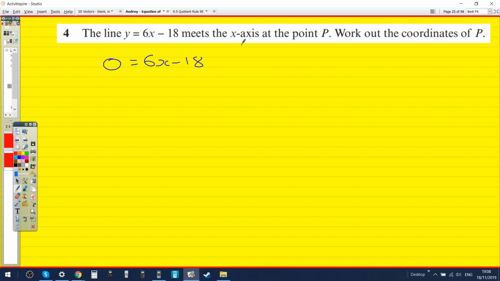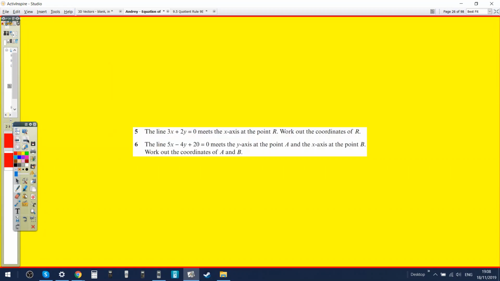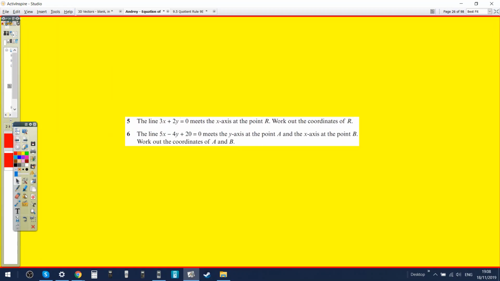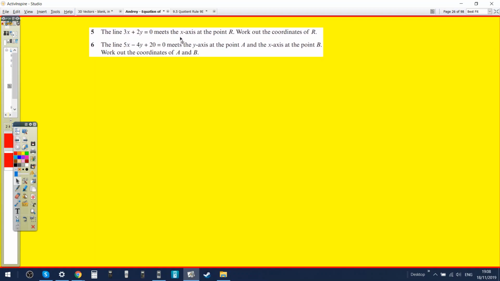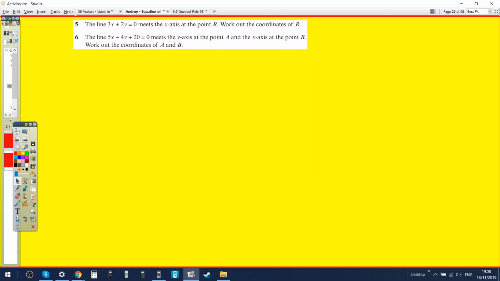Yeah, and it's not even a guess. It's the x-axis, so y is 0. And you solve it. x is 3, and so it's 3, 0. Yep. That's it.